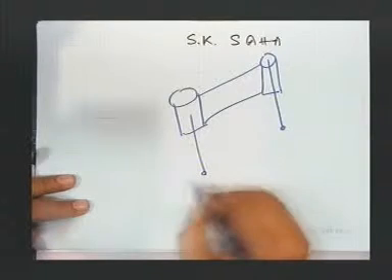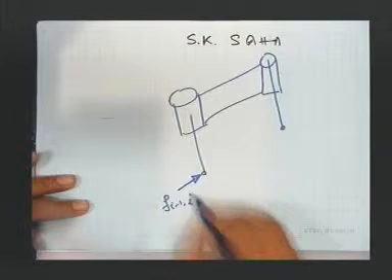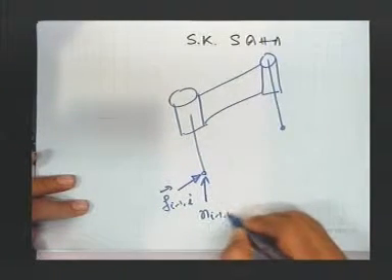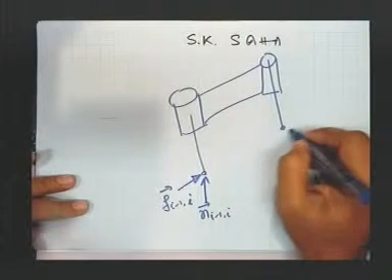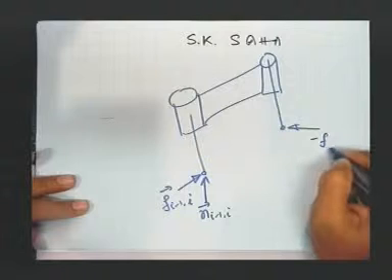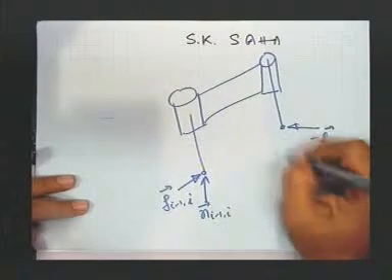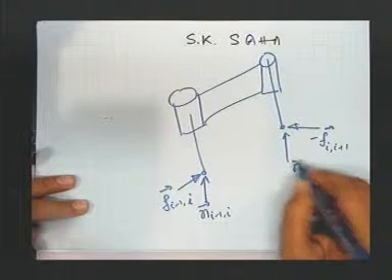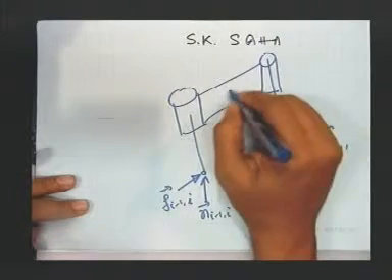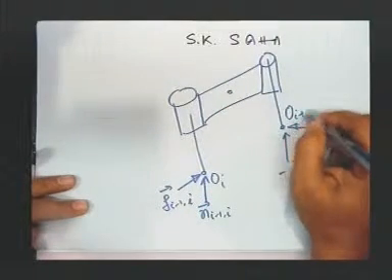So, here I have f(i-1,i), then I have n(i-1,i), then I have minus f(i,i+1), and then you have n(i,i+1). Then this is O_i, this is O_(i+1).